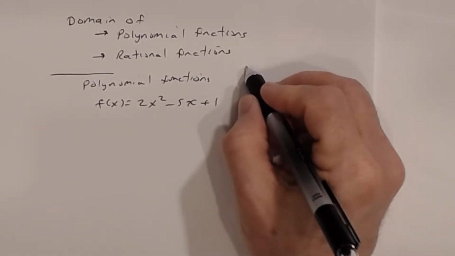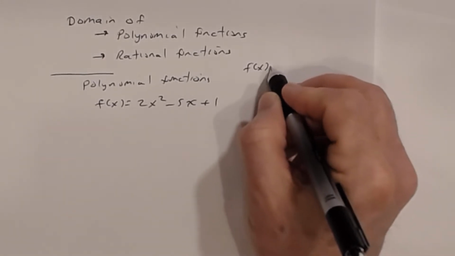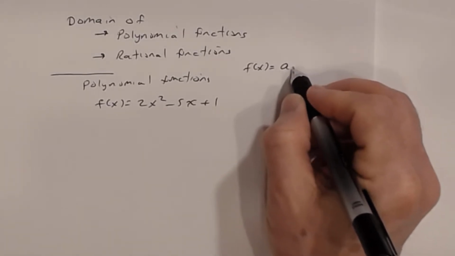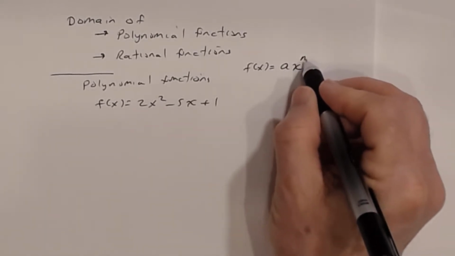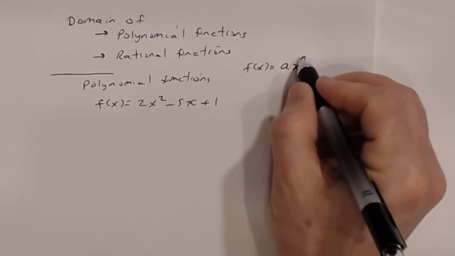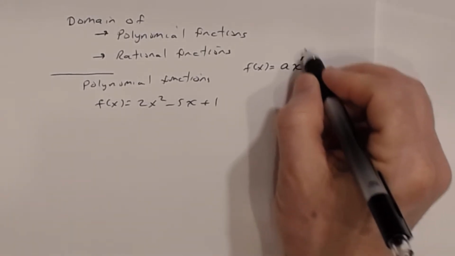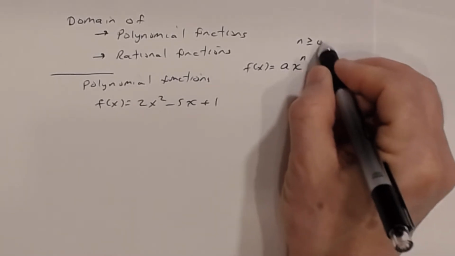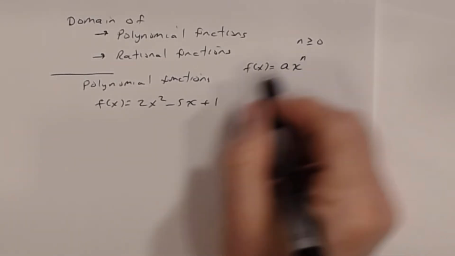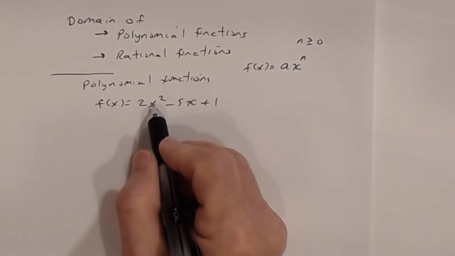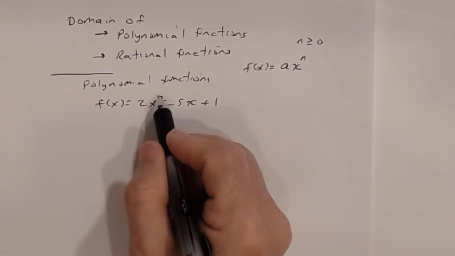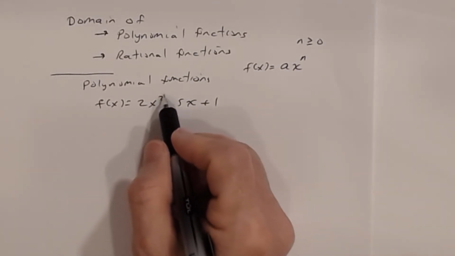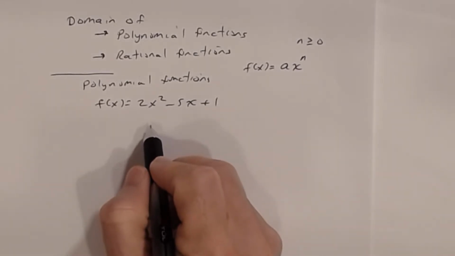So when we talk about a polynomial function, keep in mind that it's going to have the form where you have some number times x to an integer power n, where n is greater than or equal to 0. Notice that in every term, the exponent is an integer greater than or equal to 0.